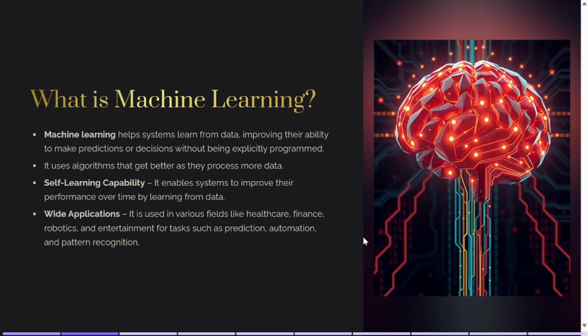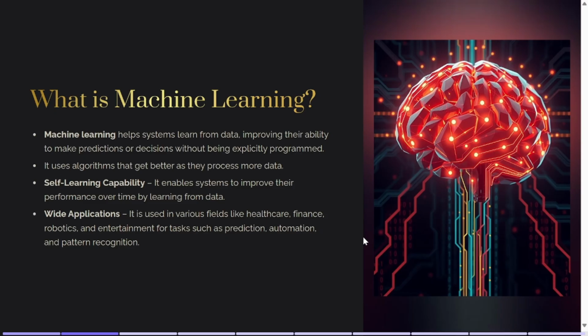Instead of hard-coding rules, machine learning algorithms find patterns and make decisions or predictions based on what they have learned. One of the most powerful aspects of machine learning is its self-learning capability. As a model is exposed to more data, its accuracy and performance improve over time, almost like a system learning from experience.